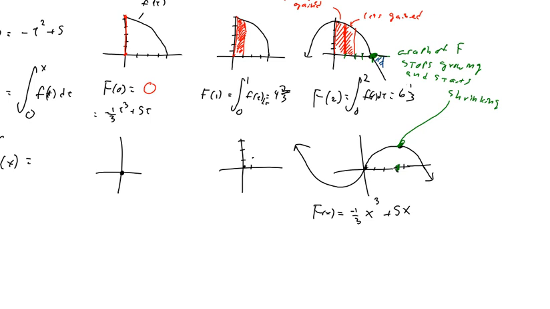And so when you do this accumulation function, what you are getting is the antiderivative.